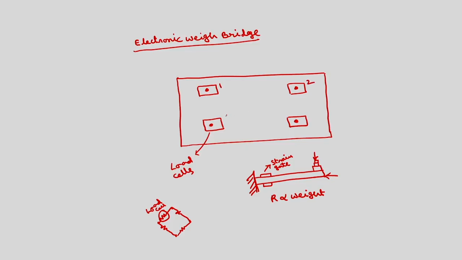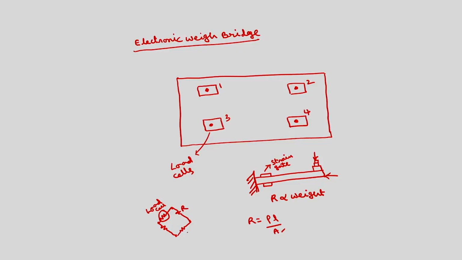This is 1, 2, 3, 4. So, without any load, this will have some resistance, depends upon R equals rho L by A. Rho is the resistivity, L is the length of this rod, A is the area. If I apply some load here, this resistance will change.